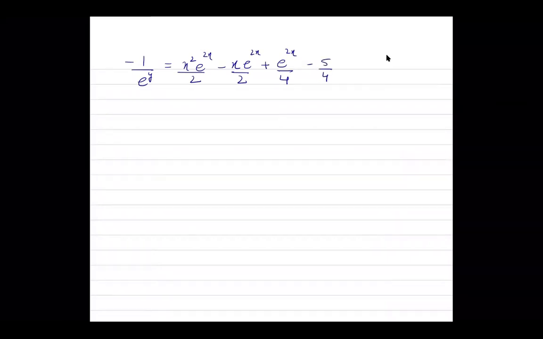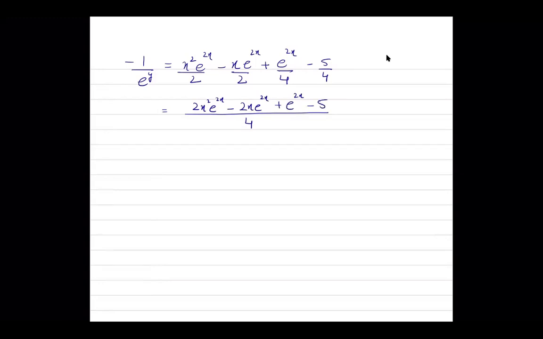So if I make the denominators common, I'm going to get 2x squared e to the power of 2x minus 2x e to the power of 2x plus e to the power of 2x minus 5. All of this thing is equal to minus 1 upon e to the power of y.